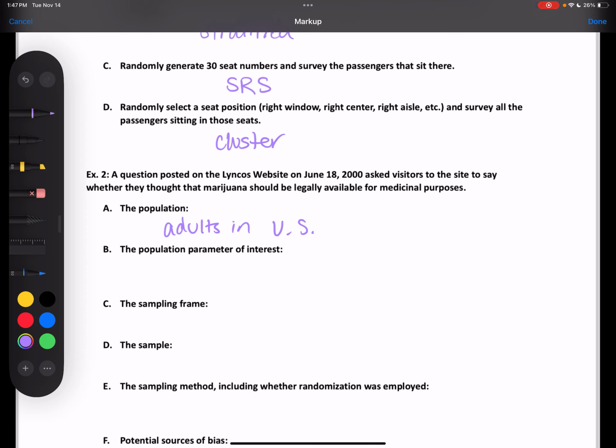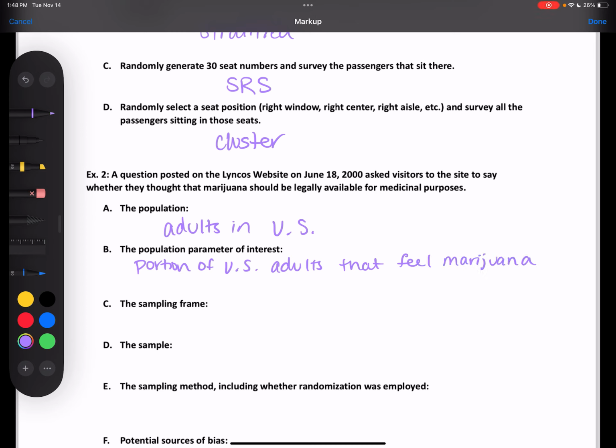The population parameter of interest. Visitors to the site. What's the population? Let me look. It's the people who smoke marijuana. We don't know. Okay, not exactly, but close. Sample statistics: the proportion of U.S. adults that feel it should be legal. Yep. You have to think about what it's asking for.